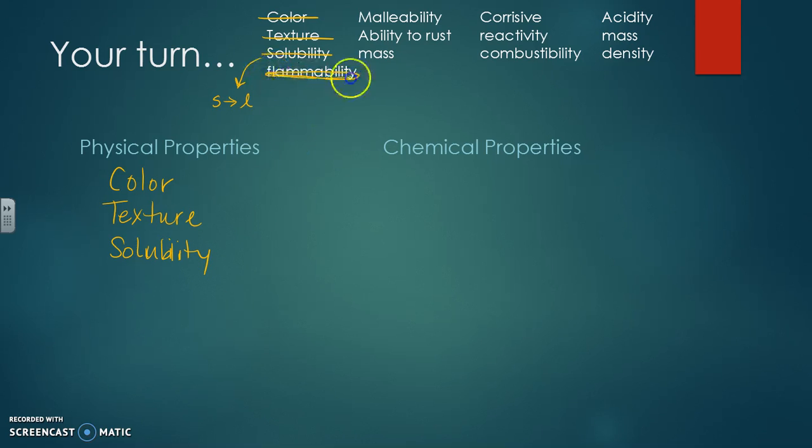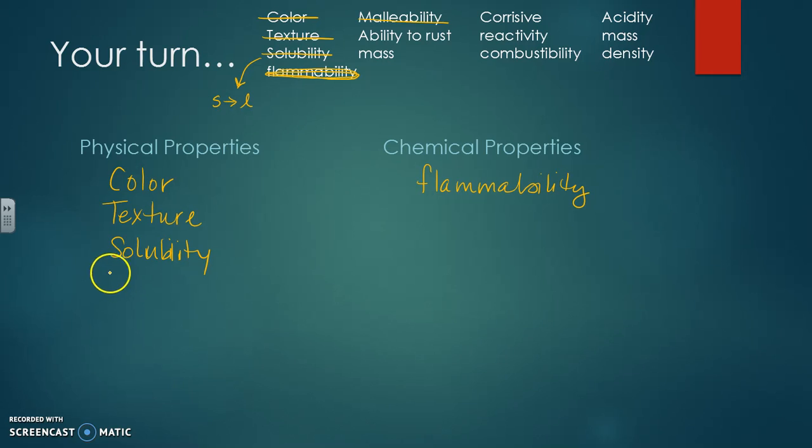Flammability is talking about something burning, and that's going to be a chemical property. Malleability. You're like, but it has the ability at the end of it. Well, malleable just means that you can flatten it into thin sheets. That's a property of a metal.